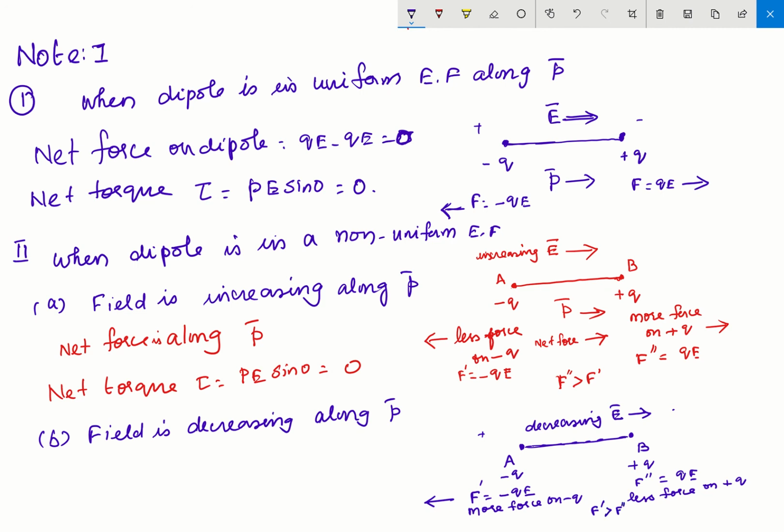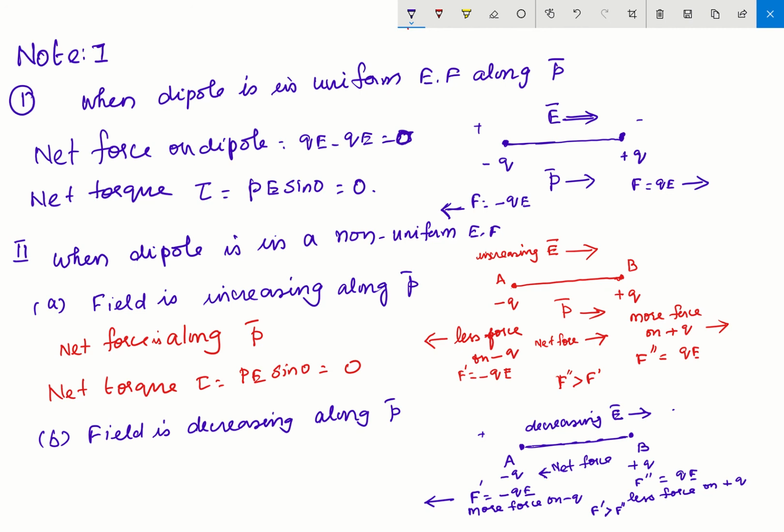Therefore, what is the net force? Net force will be in this direction. Correct? Net force direction will be from right to left. Is it clear?